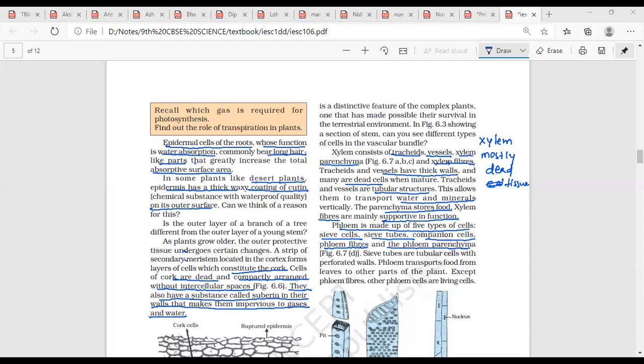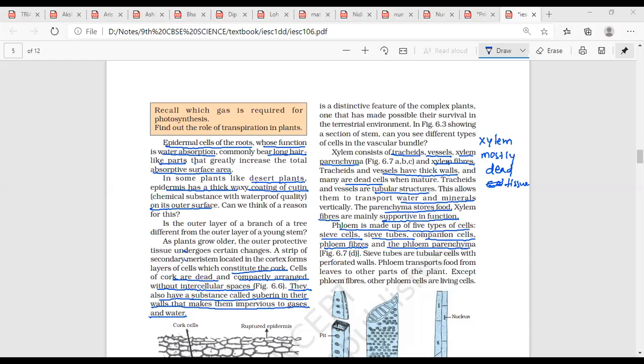First write down: xylem helps in conduction of water and minerals. That is the first point. And the phloem transports the products of photosynthesis.